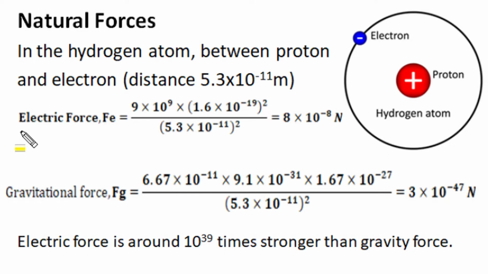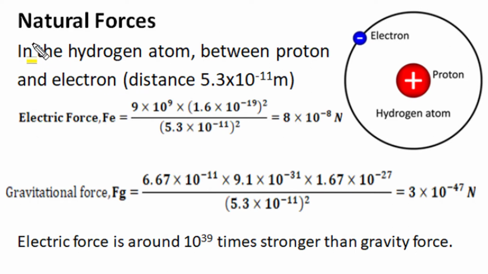In some conditions, both electrostatic forces and gravitational forces coexist in nature. Since all charged particles possess mass, being charged they have electrostatic force, and with possession of mass they also have gravitational force. So there is a situation where we can compare the strength of electrostatic force and gravitational force.